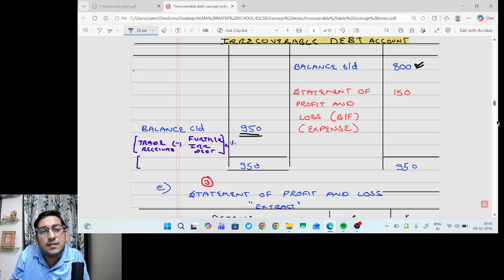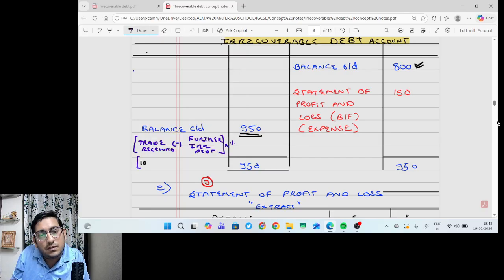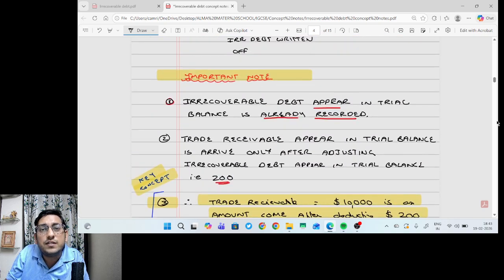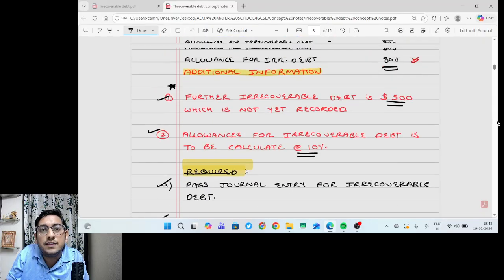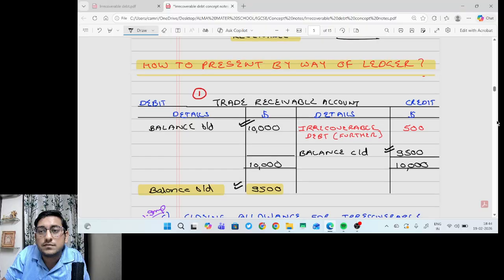So can I say my trade receivable is given as 10,000? I have to reduce further irrecoverable debt. So further irrecoverable debt is how much? 200 or 500? The further irrecoverable debt is 500. 200 is already adjusted, right? From 10,000. So we have to adjust only 500.